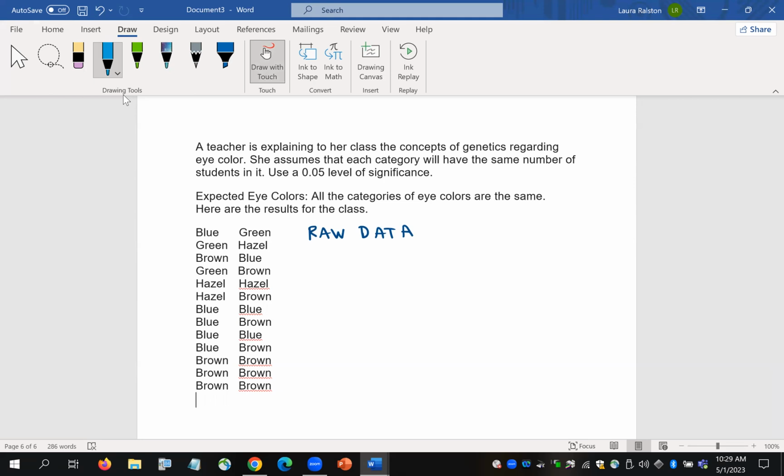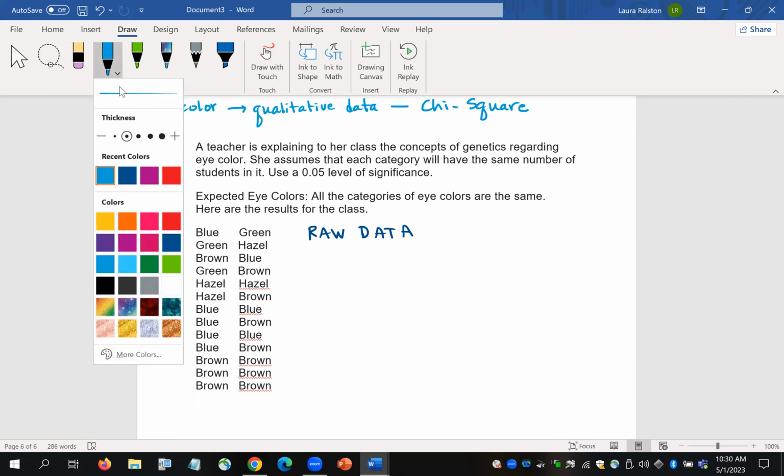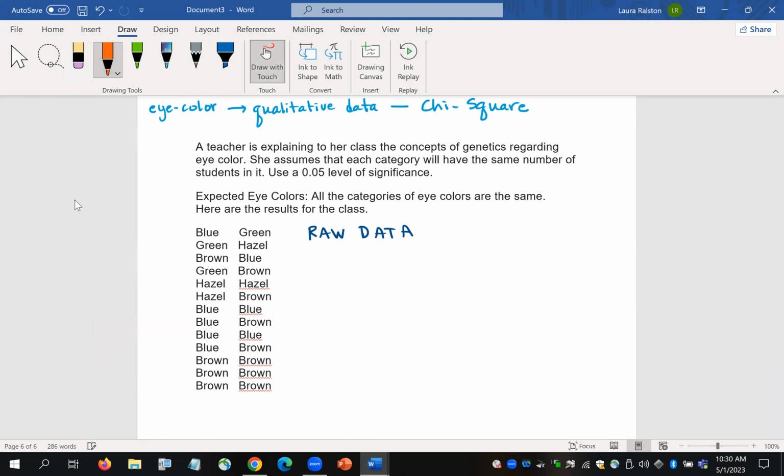But again, you have to start out recognizing that this is goodness of fit. So again, we have eye color. Hopefully from the list of raw data, it's obvious that you have qualitative data. So the fact that I have qualitative data leads me to chi-square. The only information that we collected was about eye color, so I only have one variable.